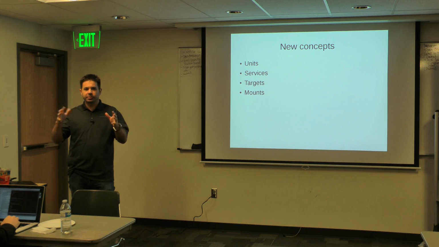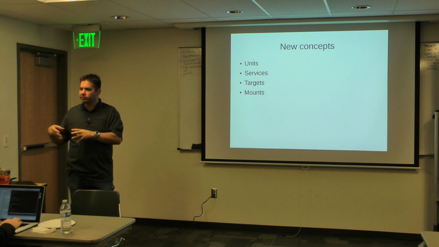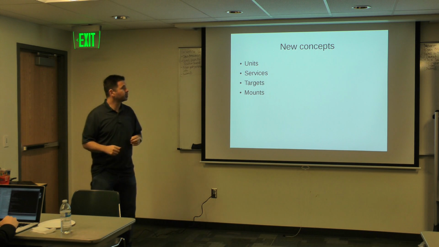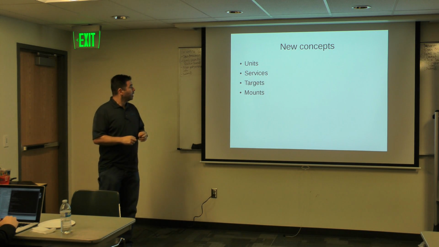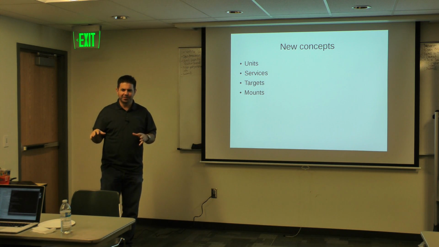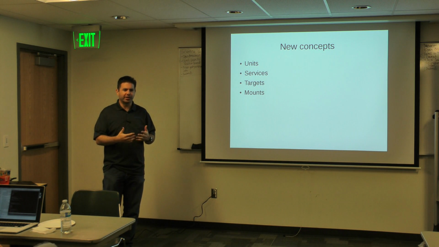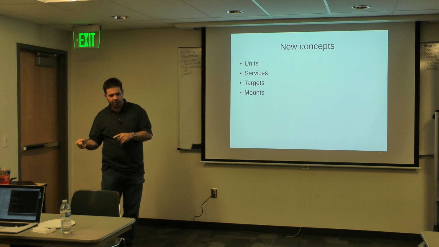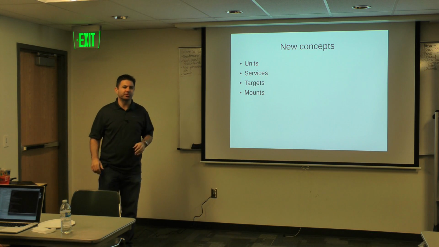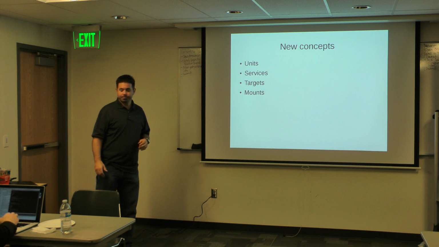Systemd says each one of these things that we can configure is a unit. That just helps dispel the confusion. When you're looking at it and you're like, what the heck is a unit? Is this a unit or is this a unit? No, they're both units because they have configuration files associated with them.